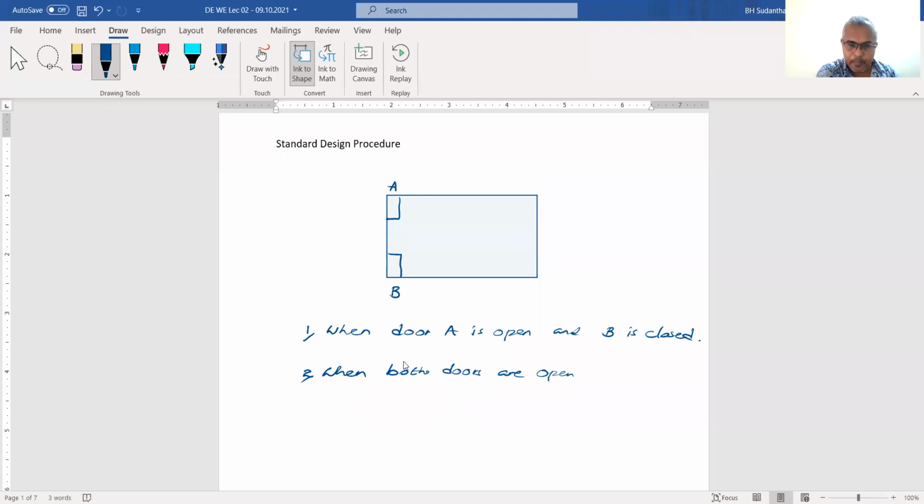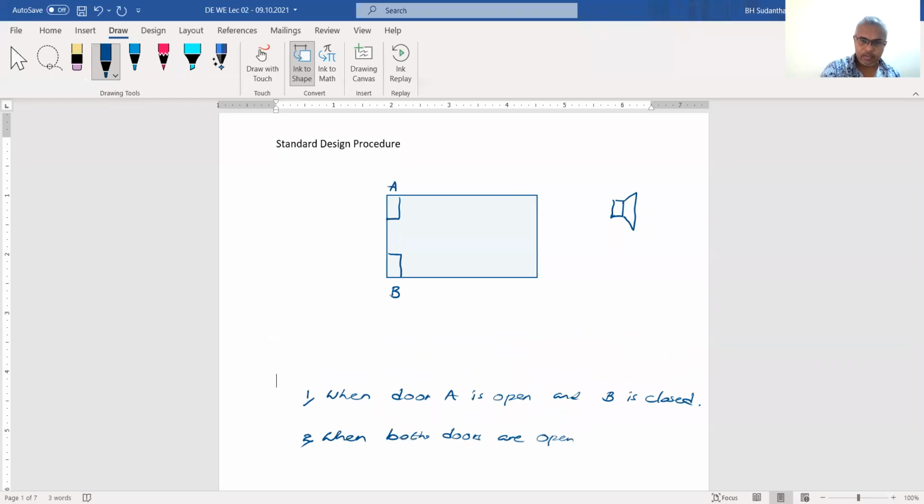In these two cases, the alarm should be sounded. We can have an alarm here. This is an alarm. Then we want to make a circuit to sound the alarm when these two security conditions are coming.